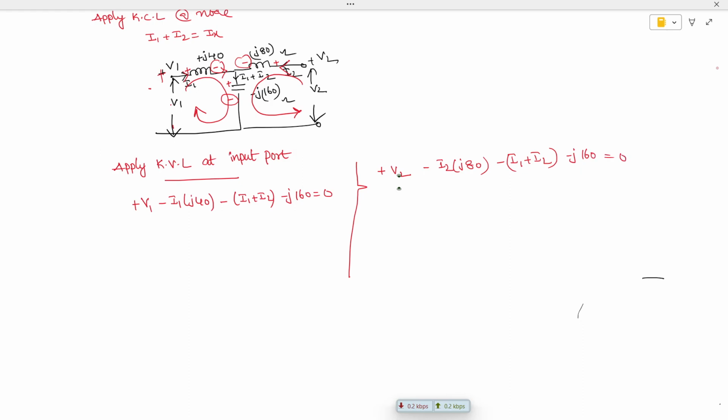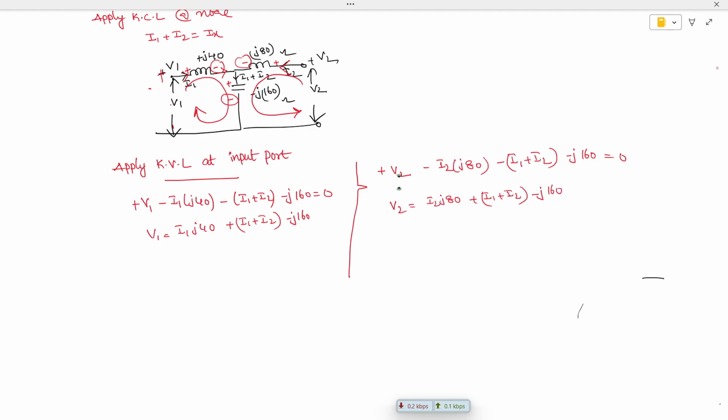Let us shift all these negative terms to the right hand side. So V1 is equal to I1 J40 plus (I1 plus I2) into minus J160. V2 is equal to I2 J80 plus (I1 plus I2) into minus J160.